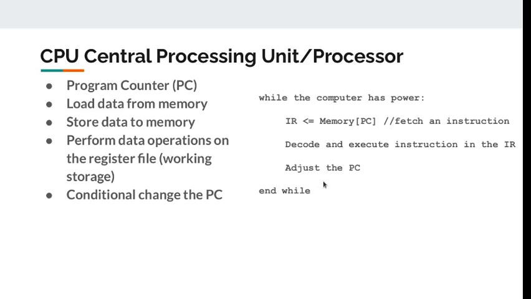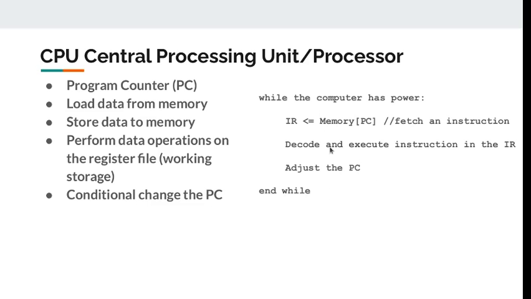And after that, we have to adjust the PC. That will depend also on which type of instruction we have. If the PC is just going to the next instruction in the following slot of memory, you just increment the PC, or you have to change to another point in memory.